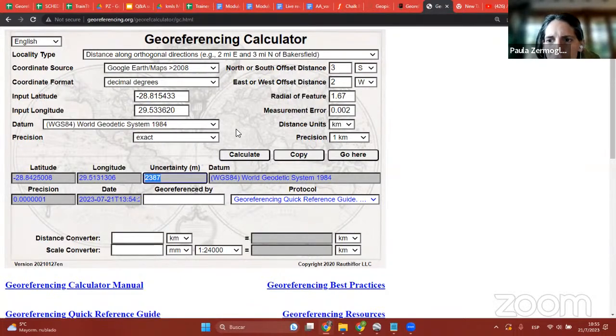The offset distances and directions, that is one option. The radial. Those are options that we have on the chat.